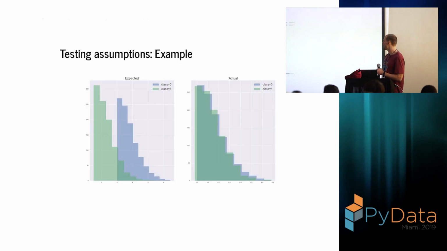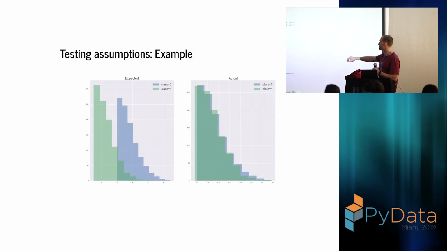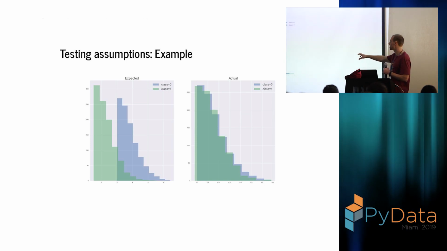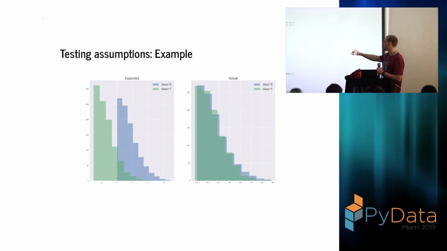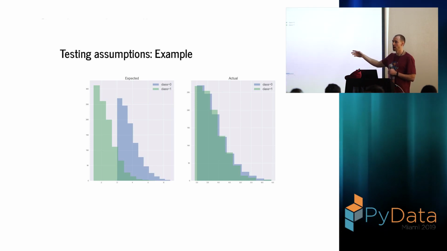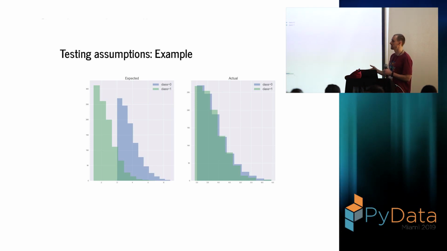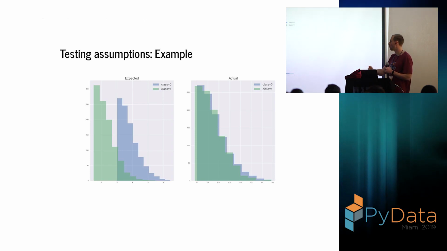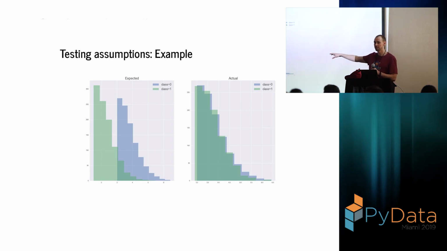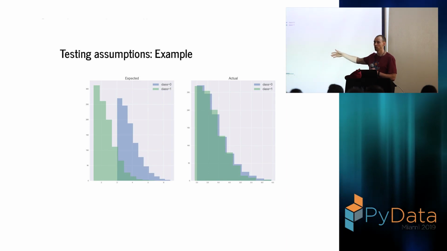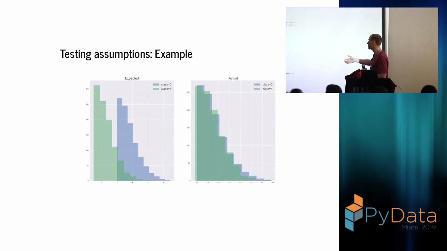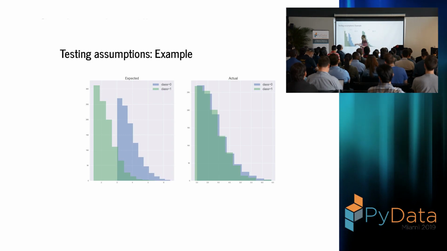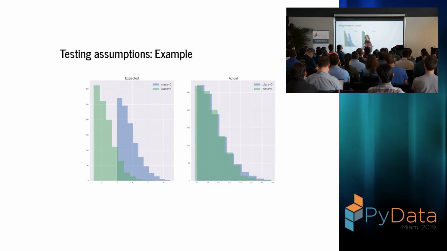Just for example, recently I was working on a project and I came across something like this, a binary classification project. I plotted the distribution of a certain feature, separated by label 0 and label 1. I thought this feature would be very useful for predicting the outcome, so I expected something like this: distributions of this feature that were very different depending on what class it belonged to.